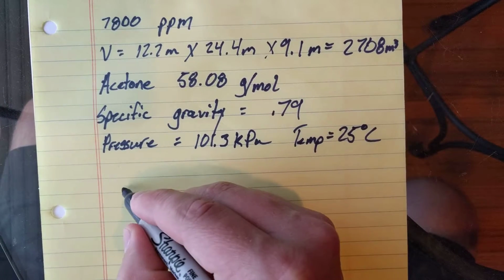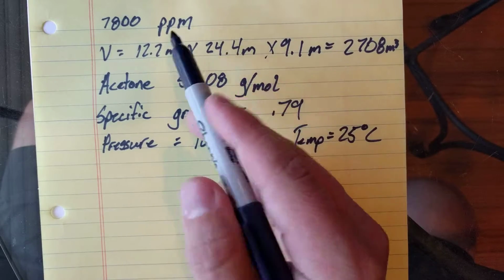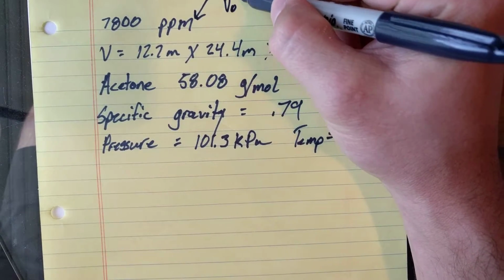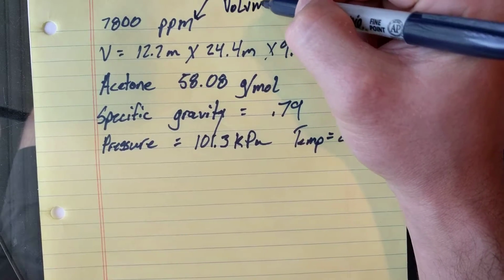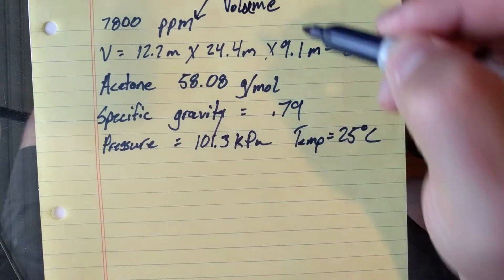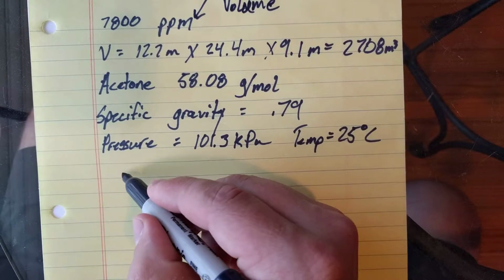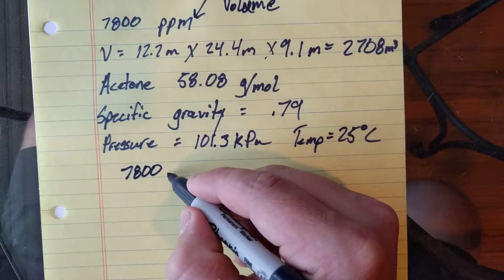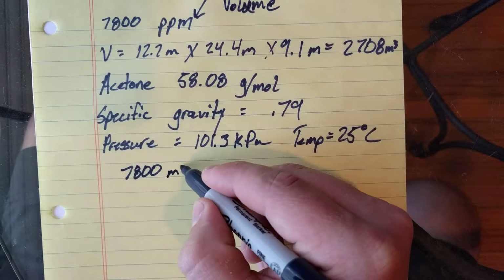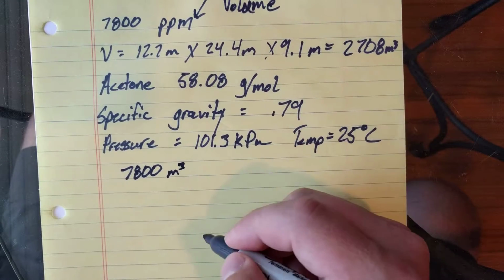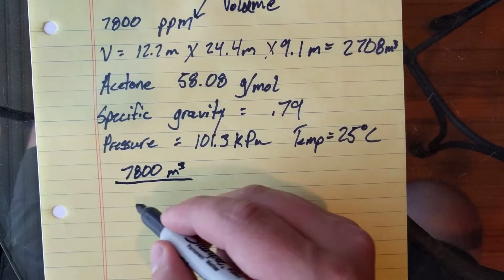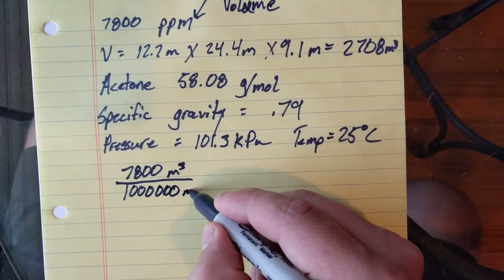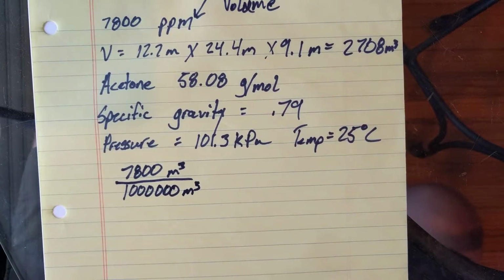But it says that if you have parts per million, and it's important to note that this is volume parts per million, then you have 7,800 meters cubed per 1 million meters cubed, right?